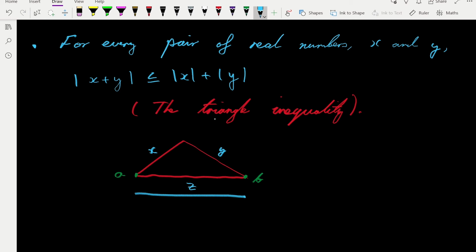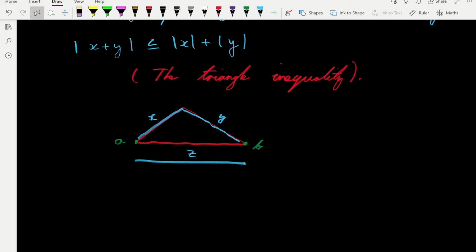Z just goes in a straight line from point A to B, whereas X and Y don't take a straight path. This path from A to B goes straight and then changes direction to get to B. So that's always going to be the longer way of getting to B. So the triangle inequality basically says that for any triangle, if you add the lengths of two of the sides, it's always going to be longer than the remaining side.